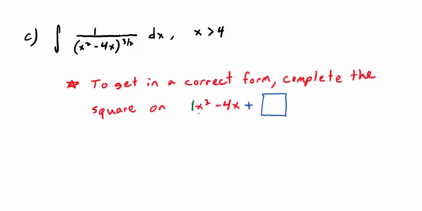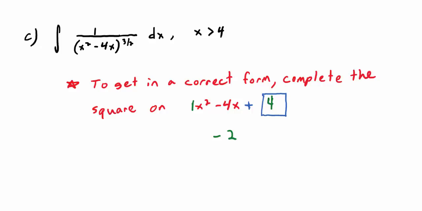Once you have a 1 in front of the x squared, the process is to take half the coefficient of the x. Remember that? And then square that, and that's what you add in. So let's try that. What's half the coefficient of minus 4? That's minus 2. And then you square a minus 2, you get plus 4.